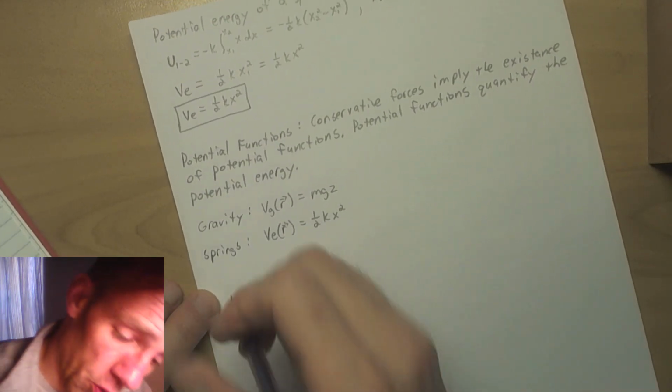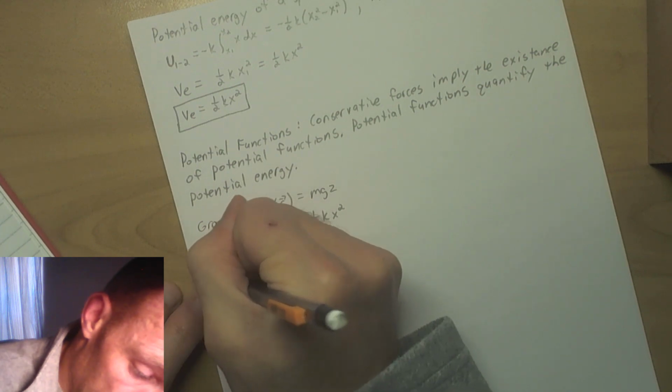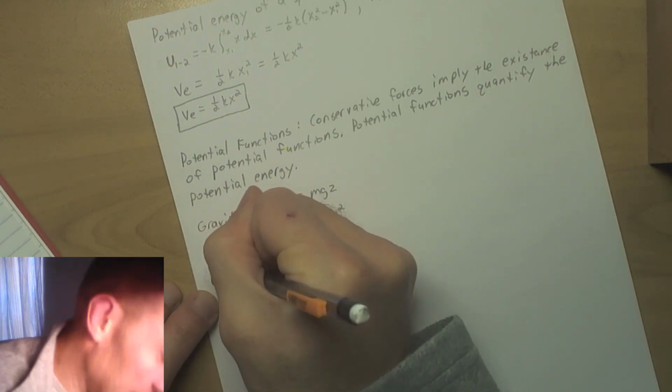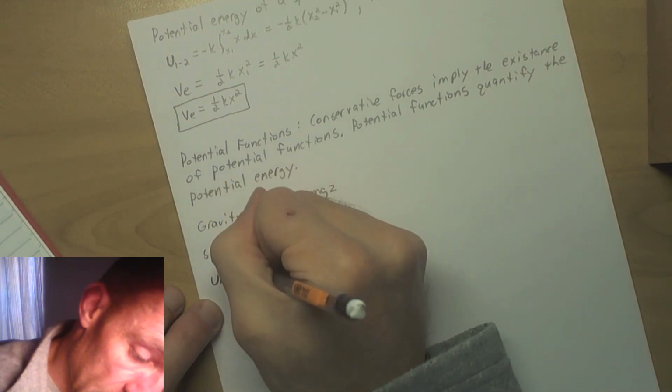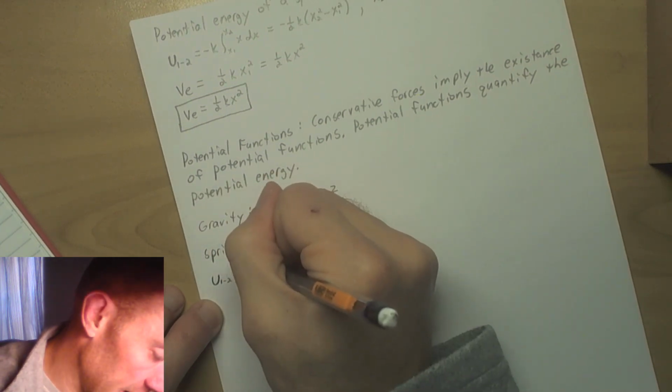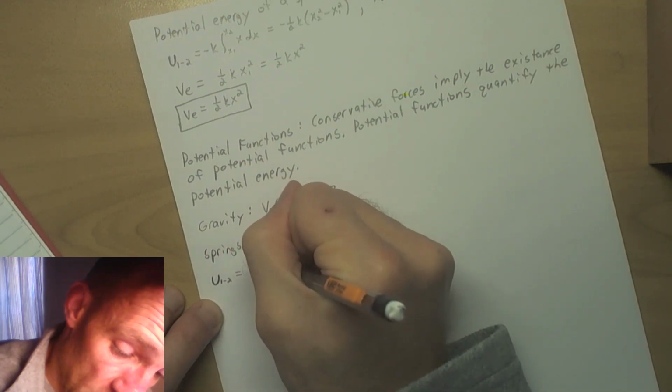now it's also true that the work done from, say, position 1 to position 2 is equal to the change in potential energy when moving from position 1 to position 2.